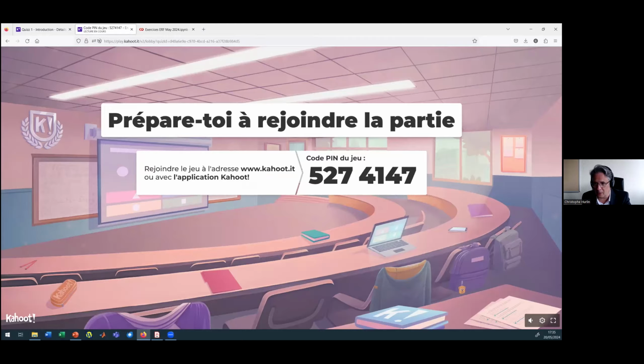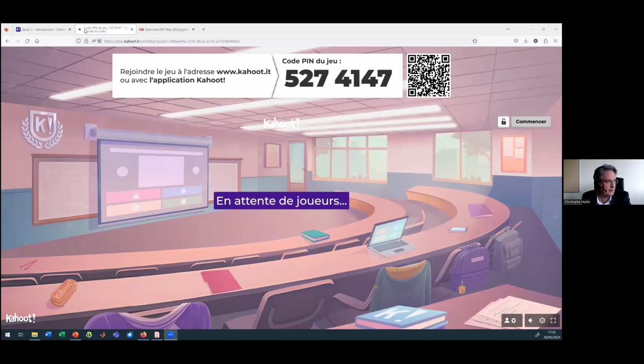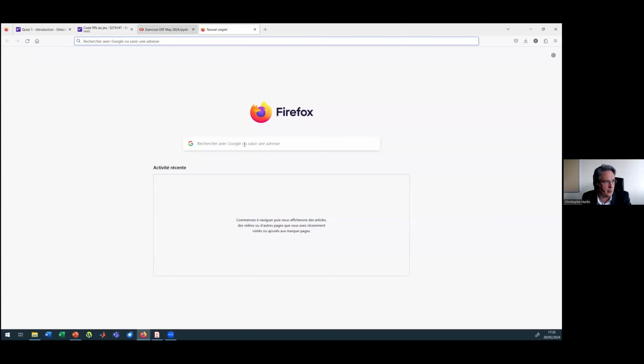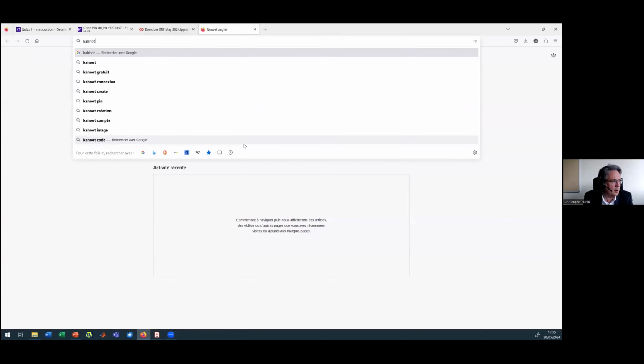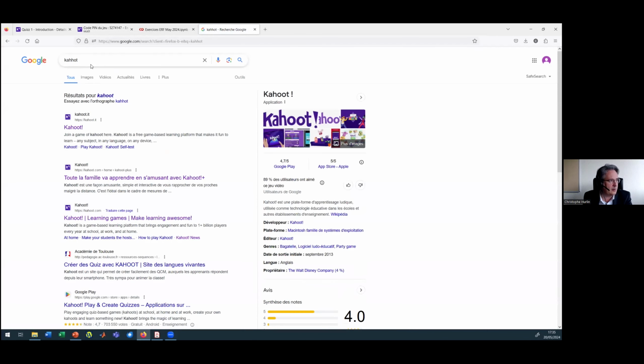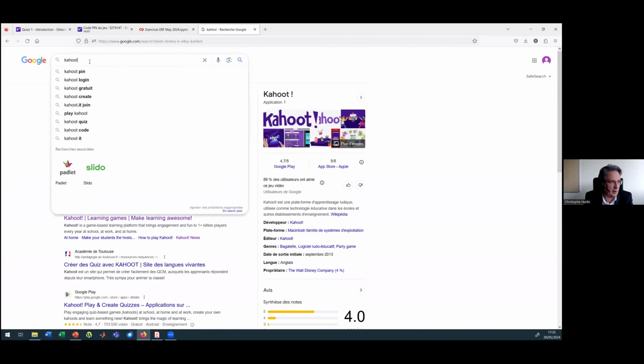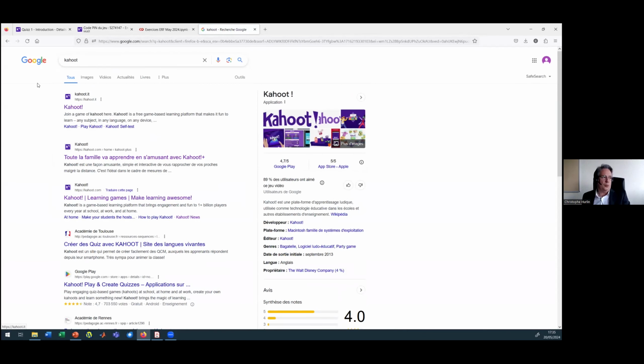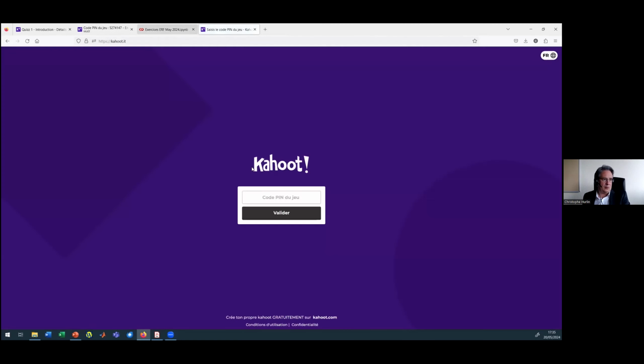You see my screen. For people who don't know what Kahoot is, you type Kahoot here, and you have two links, kahoot.it and kahoot.com. You click on kahoot.it here, and you will find this type of screen in which you have to enter a PIN code.